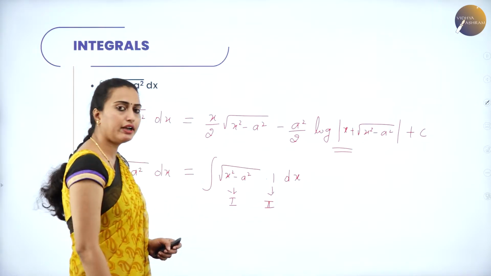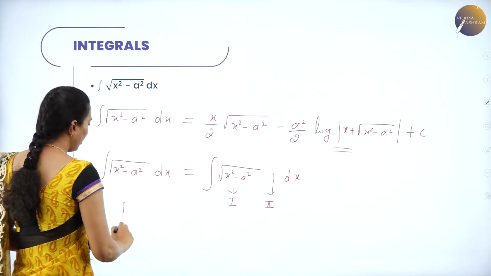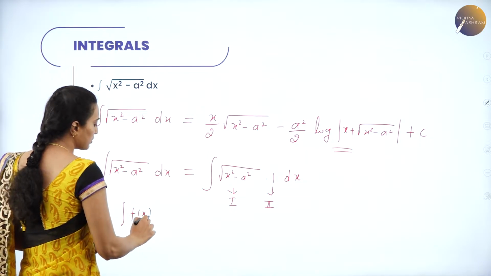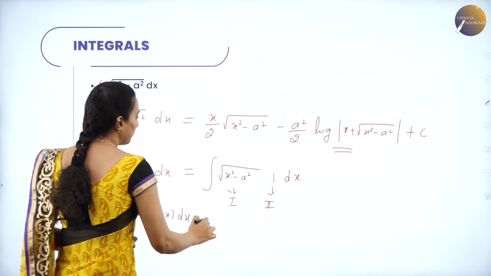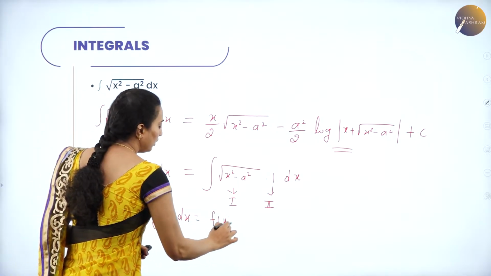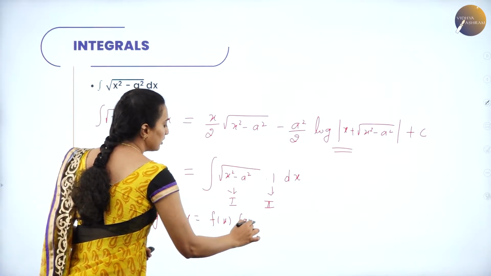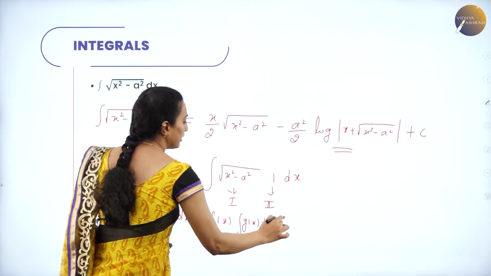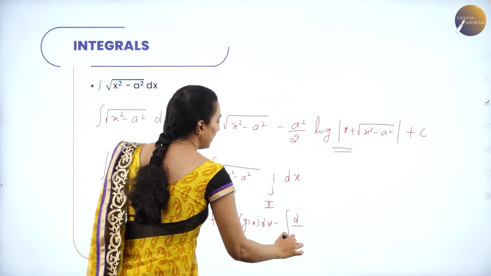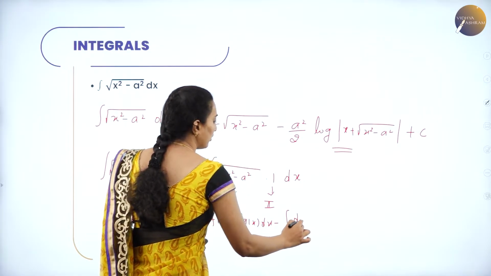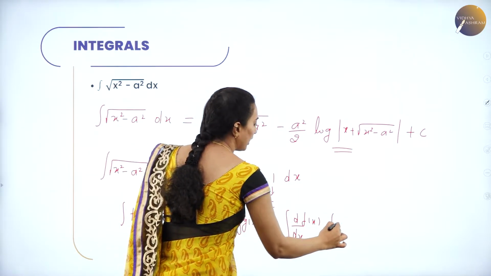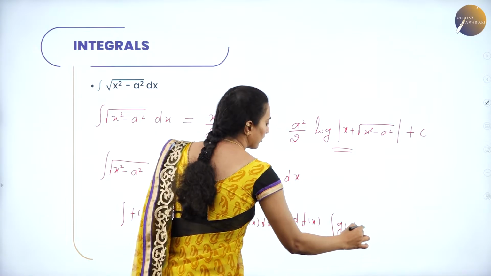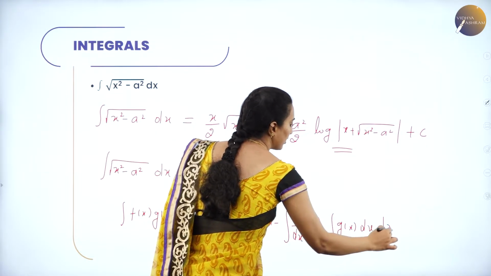Understood? Now let me write down the formula here. Integral of f of x first function into g of x into dx is nothing but first function into integral of second function, that is g of x, minus integral of d by dx of, that is the differentiation of first function, into integral of second function into dx, right?